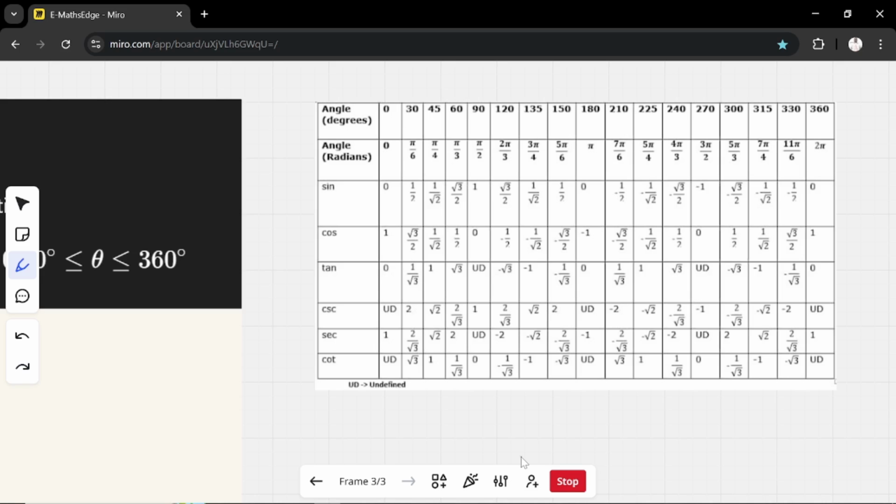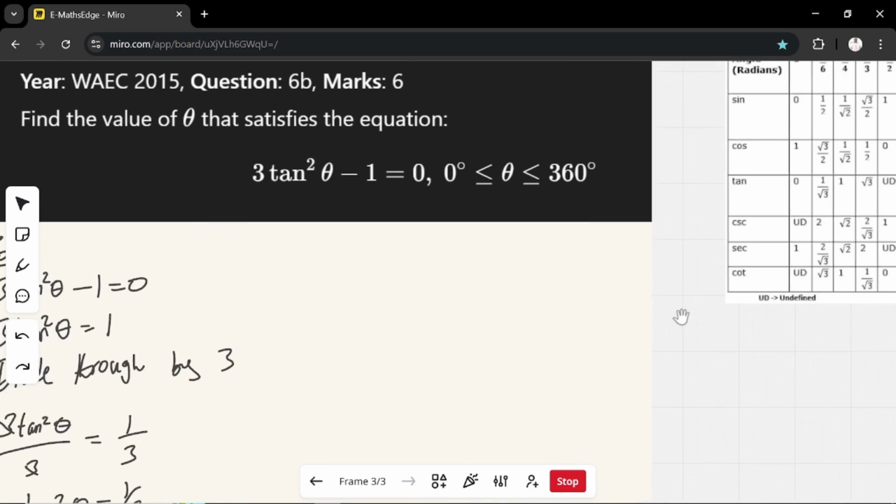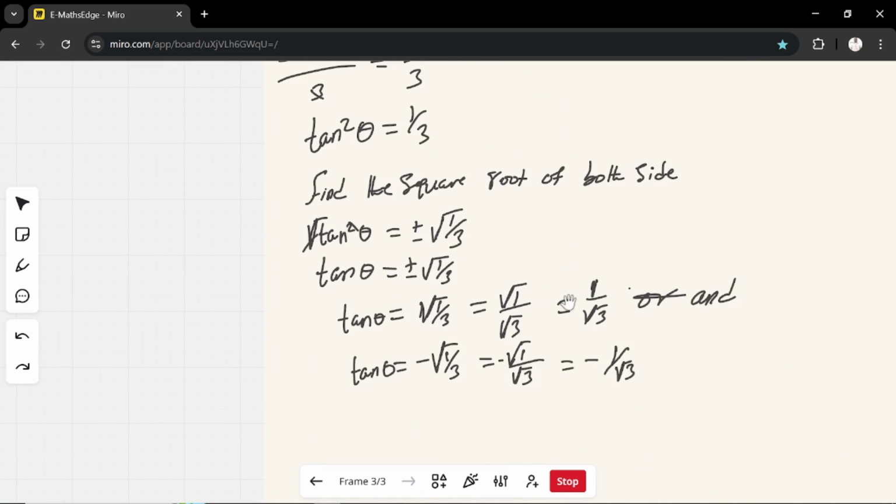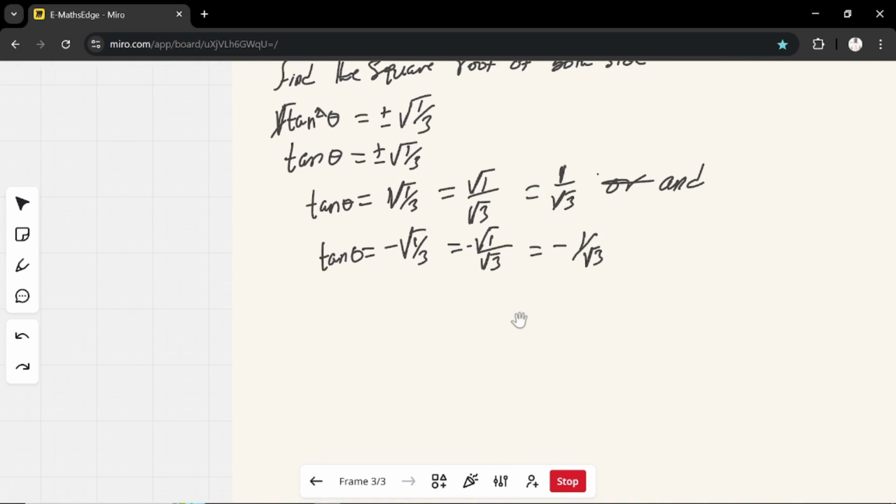Where do we have 1 all over root 3 again? At 210 degrees, we have tan θ to be 1 all over root 3. So that's to say the corresponding angles for tan θ equal to 1 all over root 3 is 30 degrees and also 210 degrees.